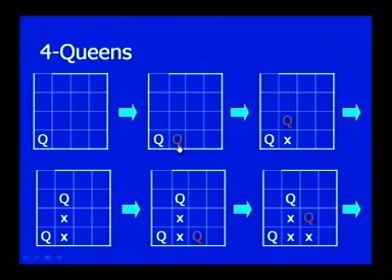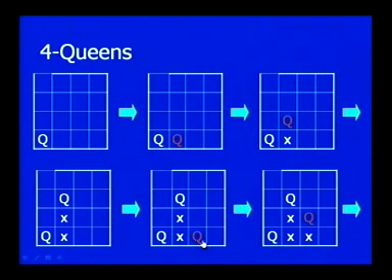So that means I can't place a queen here. The next queen I can't place here, not possible, but the next queen I can place here. So I am placing it here.